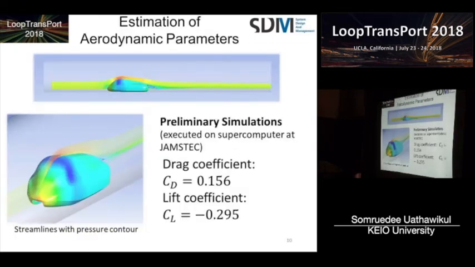Next is estimation of aerodynamic parameters. In preliminary simulations, we decided the drag force coefficient equals 0.15, and for the lift coefficient, we got the value of minus 0.295.